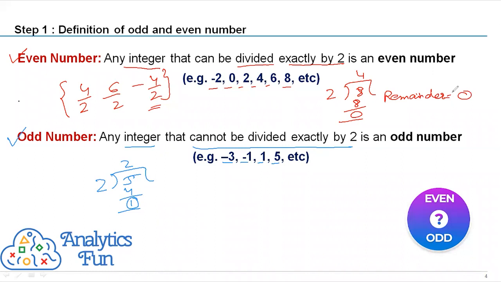And for an odd number, for example 7 divided by 2, 2 3s are 6 and the remainder is 1. So when you divide an odd number by 2, the remainder is always 1, and we will utilize this property when we code in Python. So now let us move to the coding part in Python.